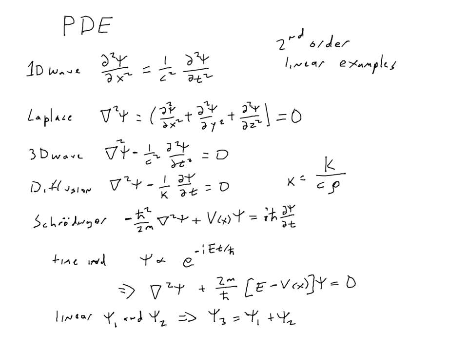And so you can also have inhomogeneous examples, like all these are homogeneous in this case.